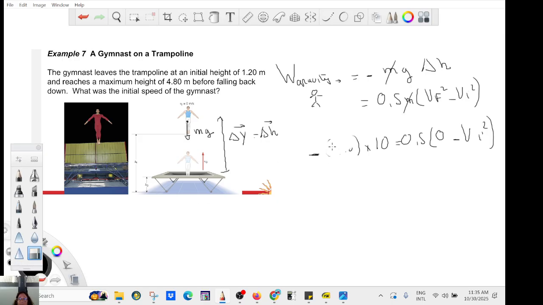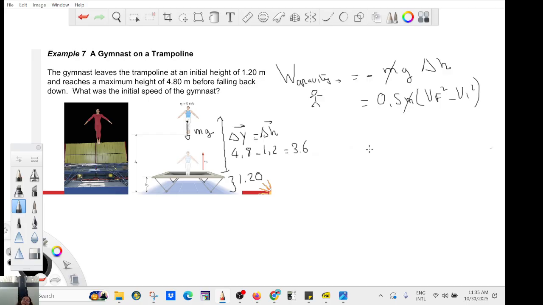Just to show you what you should not do. The displacement will be 4.8 minus 1.2. Yeah, I went fast. I saw this and I didn't see this. You have to read.